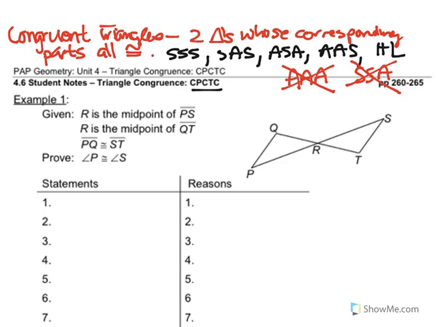So now let's move from there to what in the world is CPCTC. I bet you could probably figure it out just by looking at the letters.